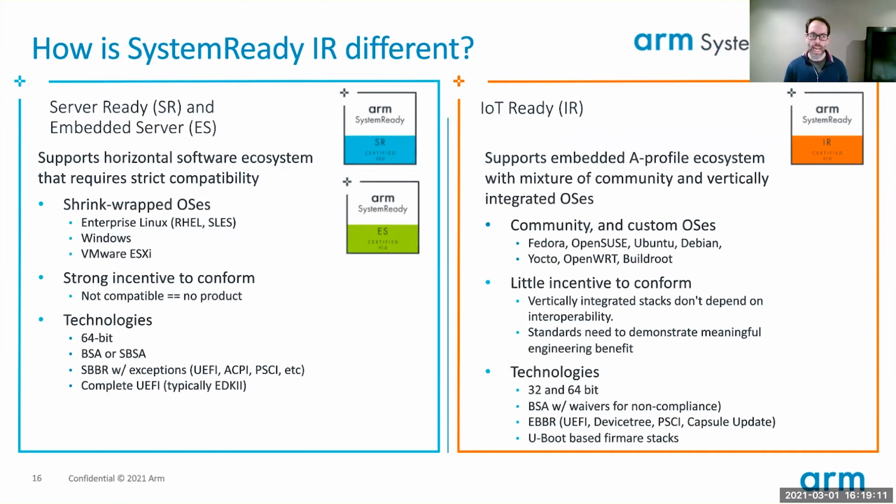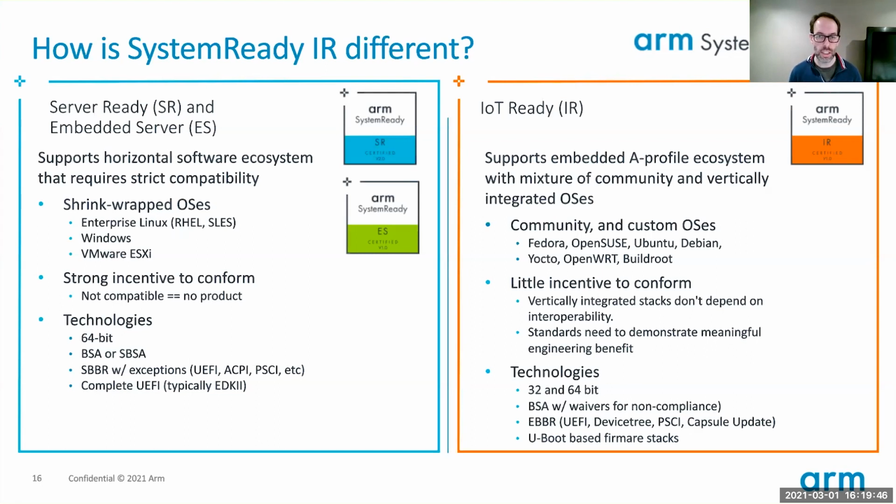Another interesting aspect of the ecosystem, which I've touched on a bit, is that unlike SR and ES, where if you aren't certified compliant with the specs, you don't have a product. If you can't land the OS that you care about on the product, you don't have a product. In the embedded ecosystem, the dynamics are very different, because there's little direct incentive to conform with the specifications, right?